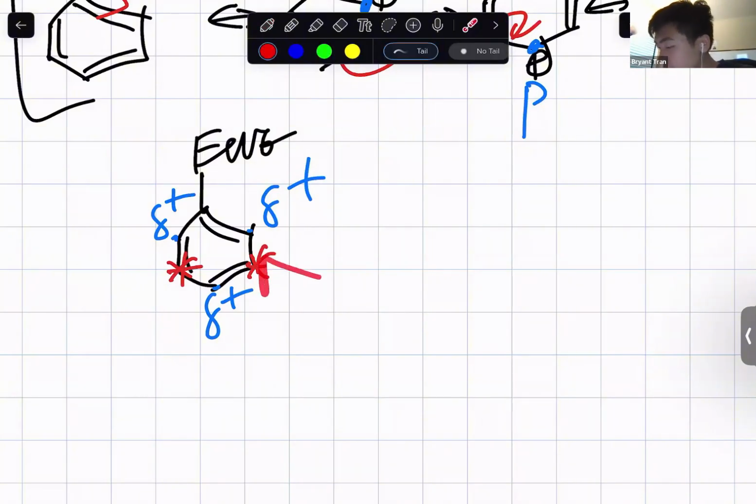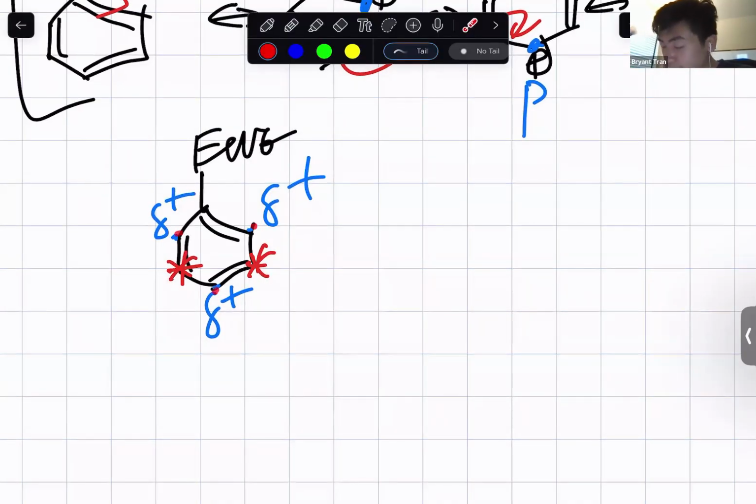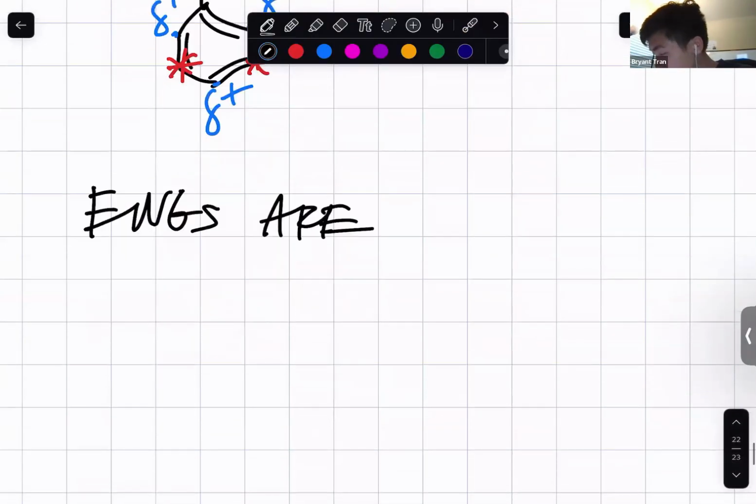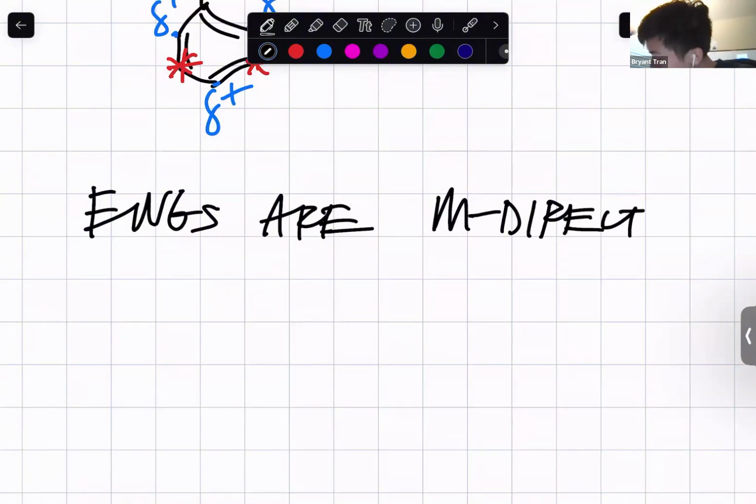There are no formal charges here, right? On the resonance structures, they're neutral, which is a better nucleophile than positive charged atoms, right? So that's why we will say EWGs are meta directors. Now there's one exception, right? And the exception here are the halogens.